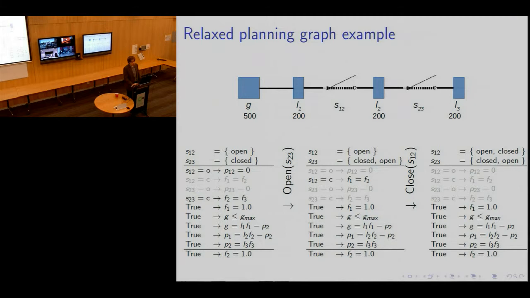It is important to note here that as we apply more and more actions, the set of active constraints can only shrink. That is, as we apply more actions, we can only discard constraints. We cannot make previously inactive constraints active.